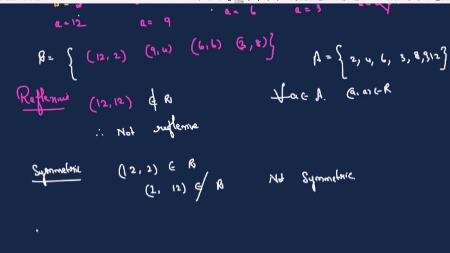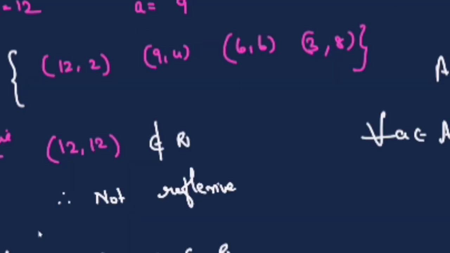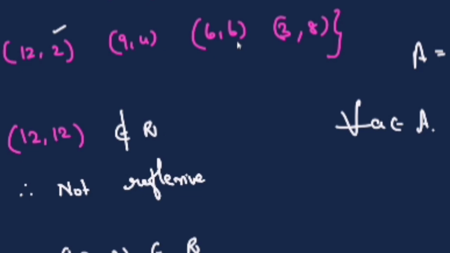Next is transitive. Now, transitive, we should be very careful. Now you take (12, 2). Now you have to check 2, is anything starting with 2 there? No. So we can omit this. Now (9, 4). Anything starting with 4? No. (6, 6). Anything starting with 6? No. (3, 8). Anything starting with 8?